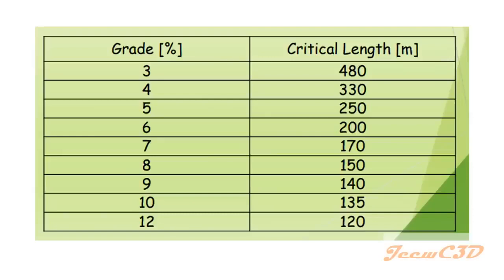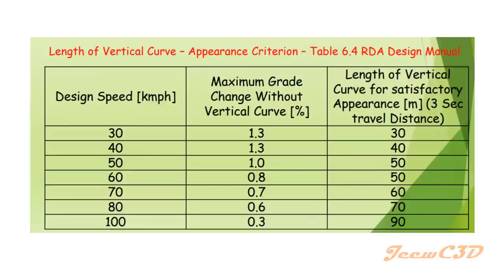Then when you are going with those gradients, you have to follow the critical length. If you are going with a 3% gradient, the maximum length you can go is 480 meters, likewise. Then you have to follow the curve length for appearance criteria.